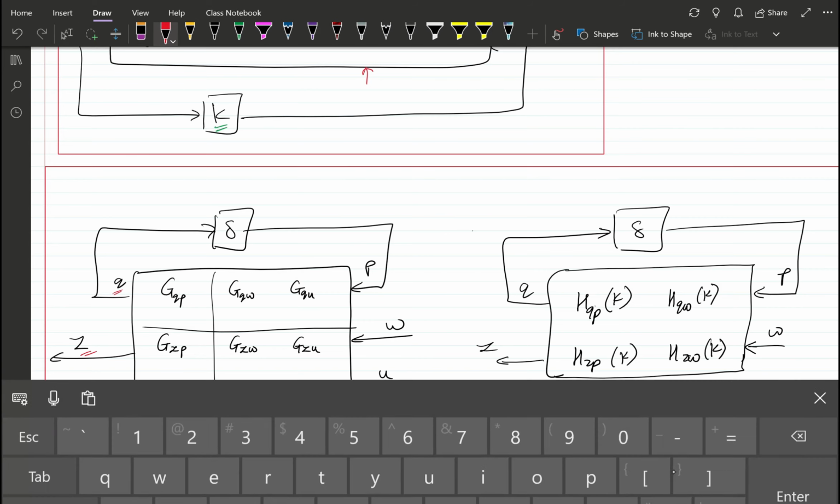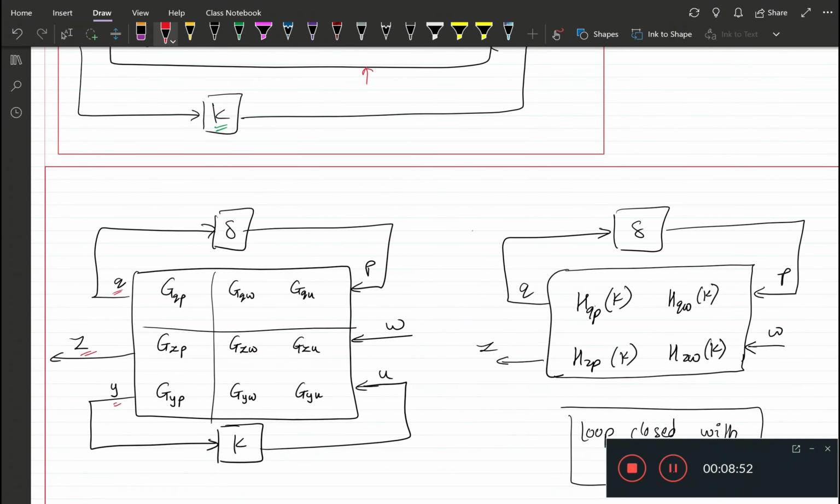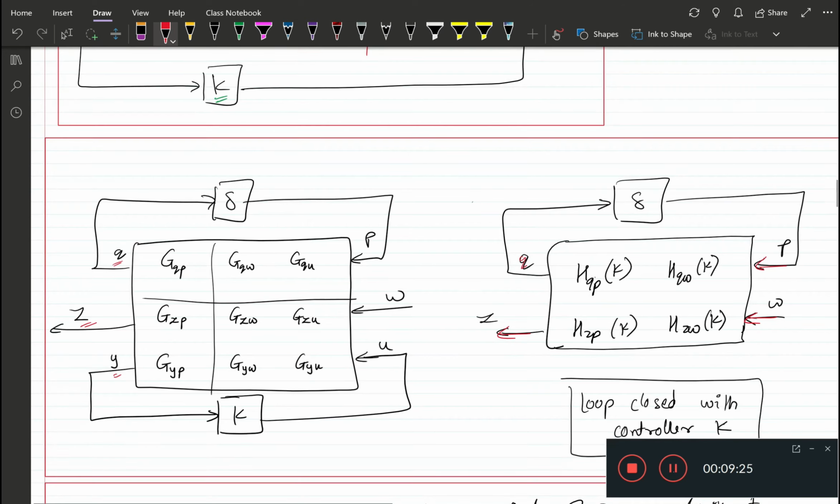Now if someone gives us a controller, we can just plug it in and close the loop from Y to U to write the closed loop system as H, which depends on K. Let's assume that K is given. We can then close the loop and have this as the closed loop system with inputs P and W and outputs Q and Z, where Q is being fed back via the delta block into P.